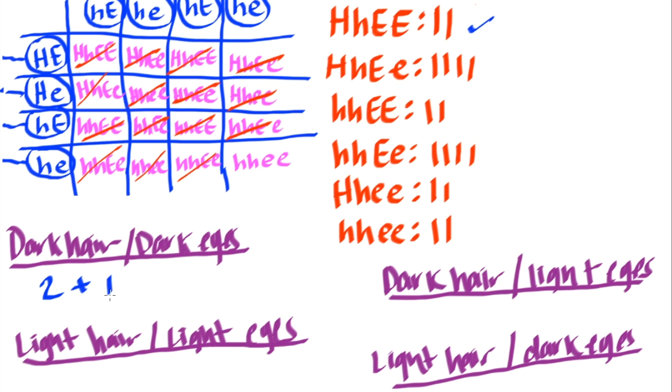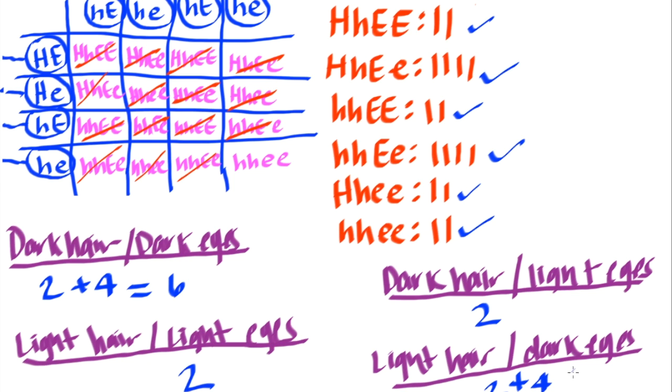So plus 4 here. And then this one's going to be light hair, dark eyes. There's 2. So plus 4. Okay. This one's going to be dark hair, light eyes. And then light eyes, light hair. So that takes into account for these. So that gives us a whopping total of 6 in that category and 6 in this category.